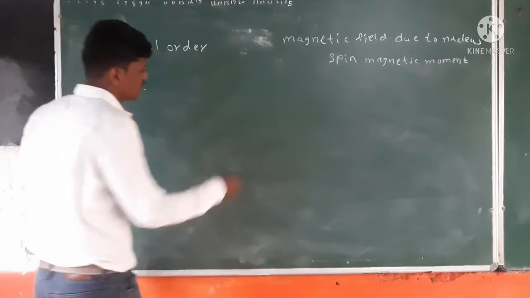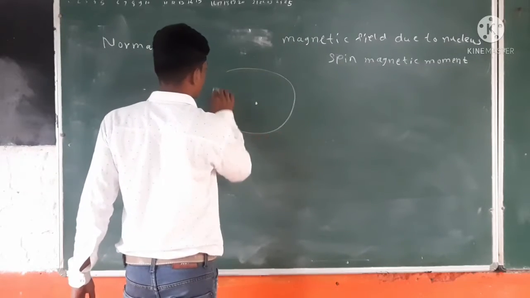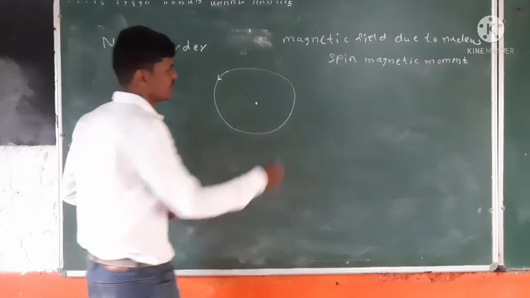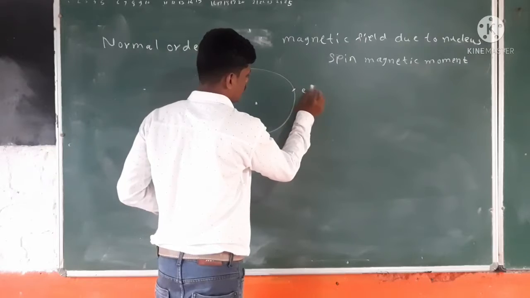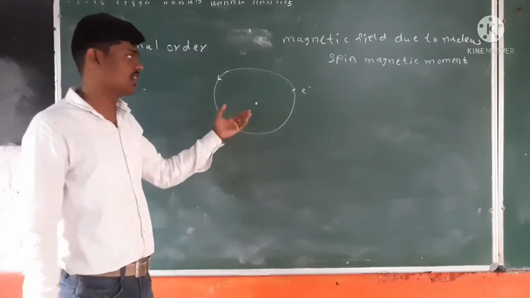We know the nucleus and the electron orbiting in this orbit. So this is the electron. Now we know the nucleus has its electric field.